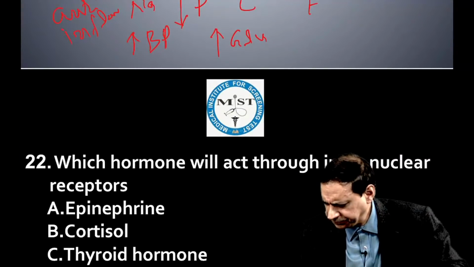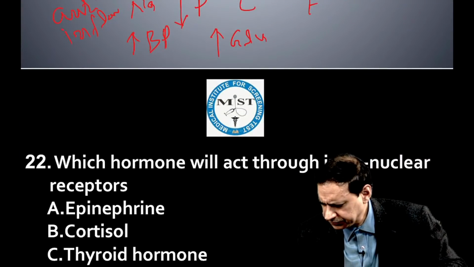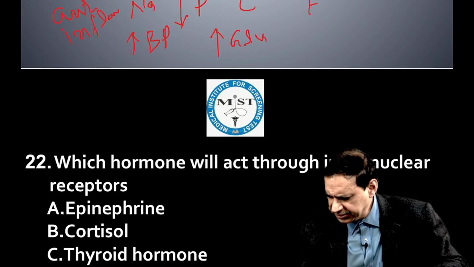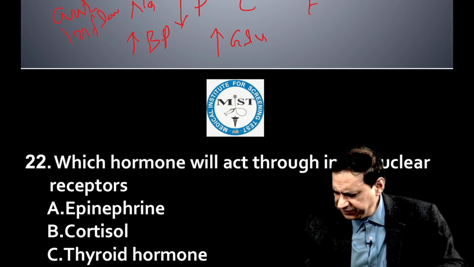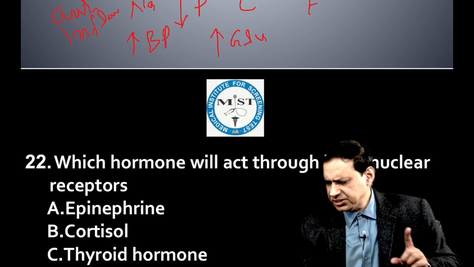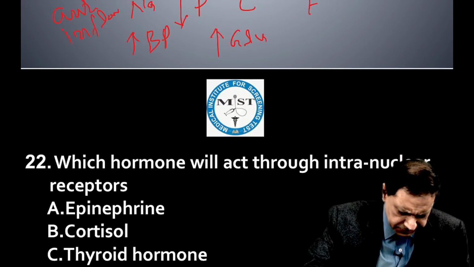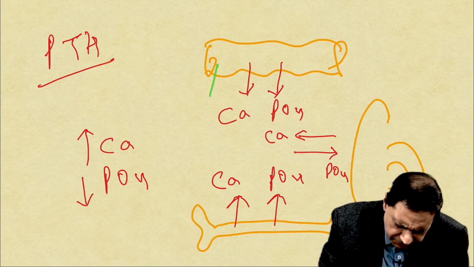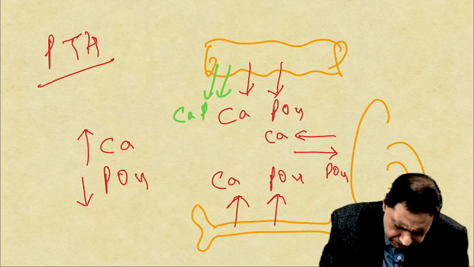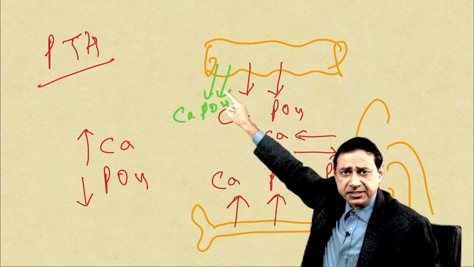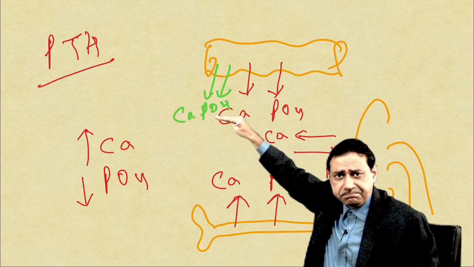Okay? Yes, Steffi, you are right. Vitamin D will increase calcium and phosphate. What will vitamin D do? Vitamin D will absorb calcium and phosphate from here. This is the action of vitamin D. Calcium phosphate from here.